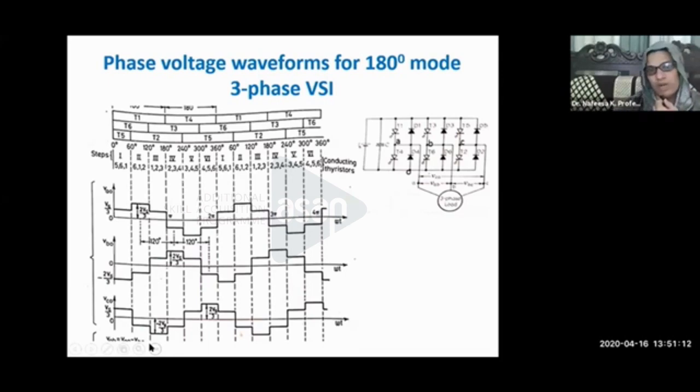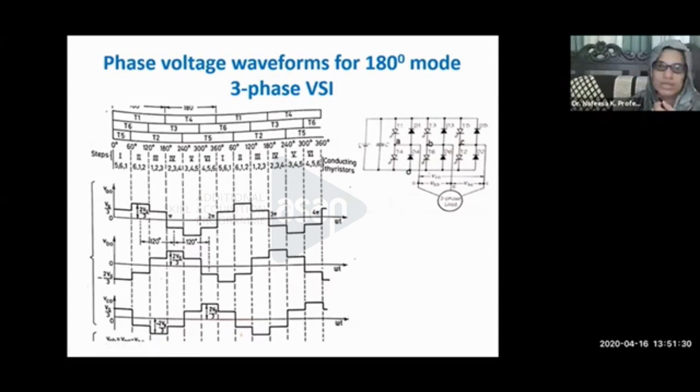In 180-degree mode, each thyristor conducts for 180 degrees, and in 120-degree mode, each thyristor conducts for 120 degrees.